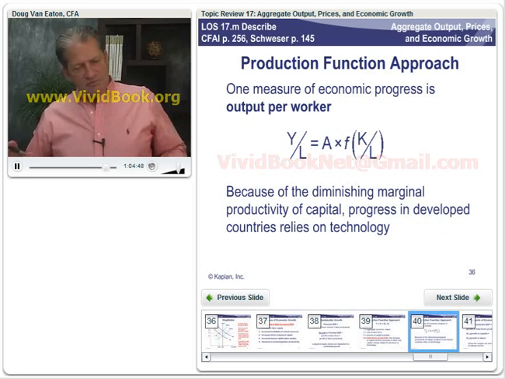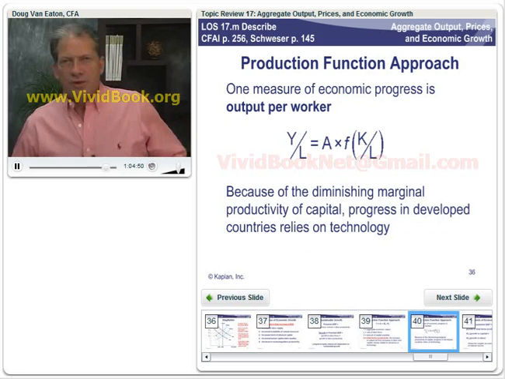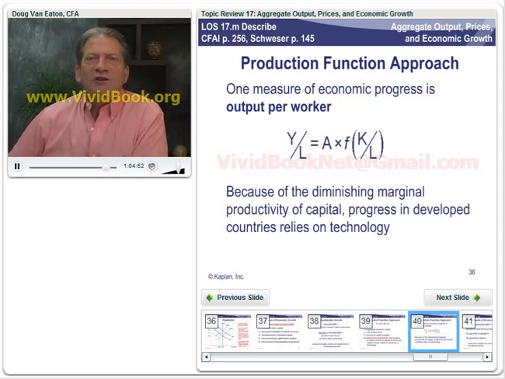Okay, that was straightforward. Now we're going to fool around with that equation a little bit. We're going to divide both sides by L. And if we divide both sides by L, we see that this is a function of how much capital per each unit of labor.